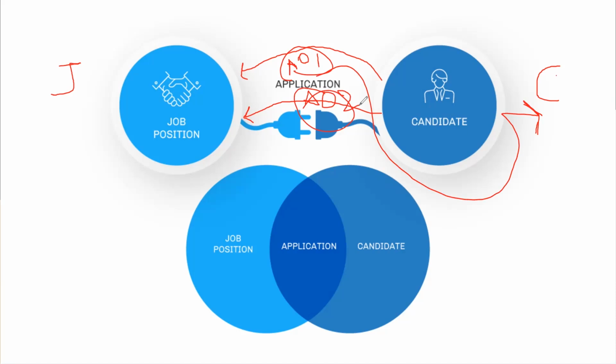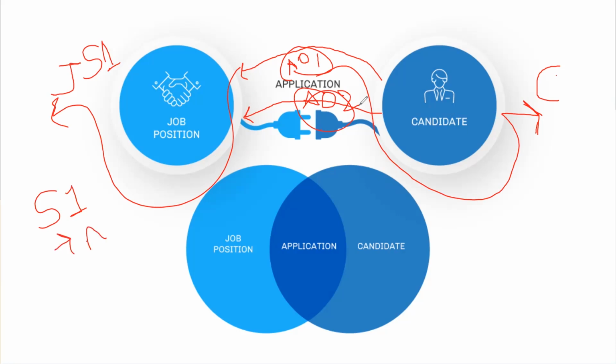Now, this application should also come under this job. Means there is a job for software engineer 1. Then inside this software engineer 1, whatever jobs this candidate applied for, they should be displayed here: A01, A02.